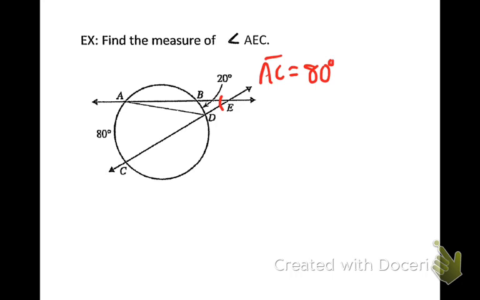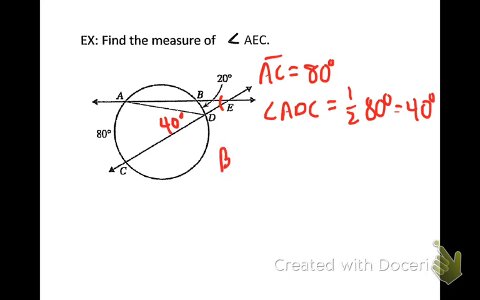So from that, I know that angle ADC is equal to 1/2 of 80 degrees, which is equal to 40 degrees. Right? So this is 40 degrees. Then we got arc BD. Okay.